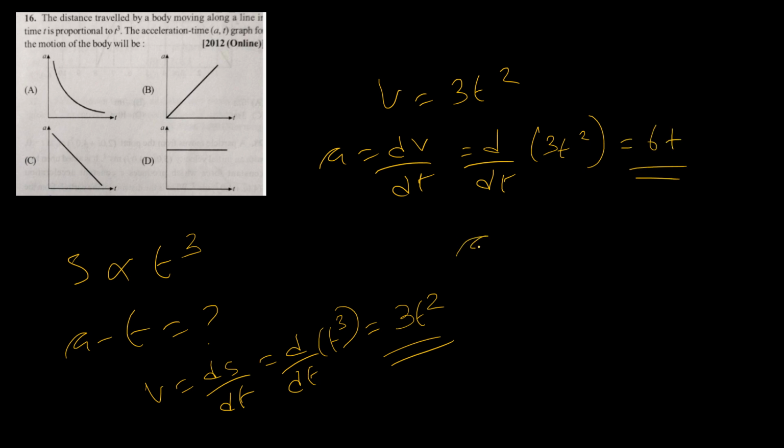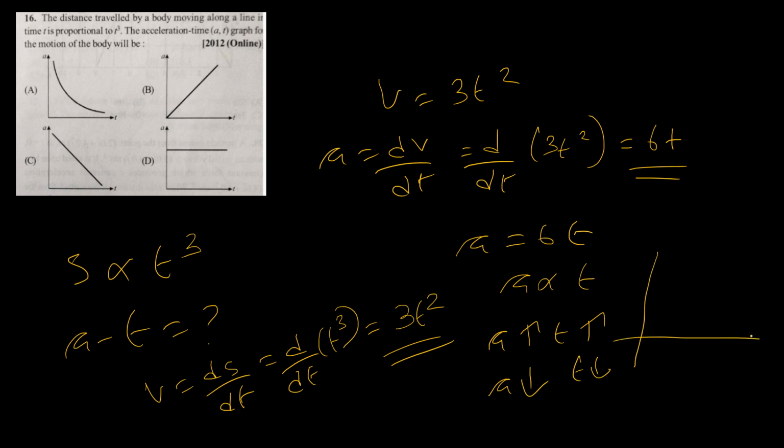So now we can see that a is equal to 6t, which means that a is directly proportional to t. As t increases, a increases, and as t decreases, a also decreases. For directly proportional, the graph will always be like this. I taught you yesterday, a and t will be constantly increasing like this. So the option is B. It's a very simple question, just apply that concept.